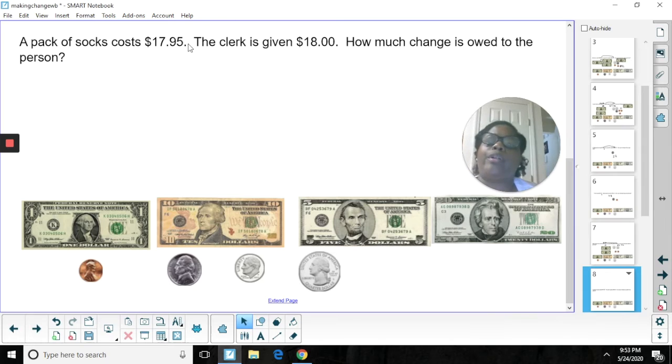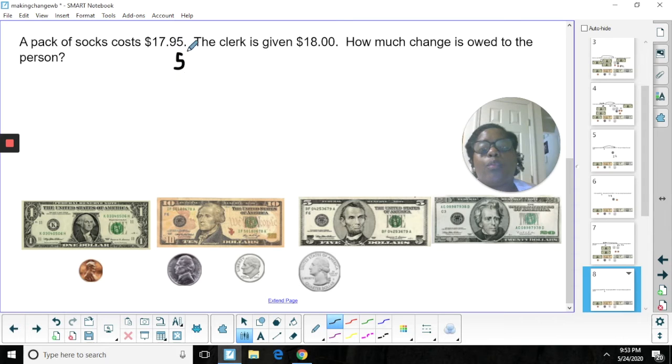All right, so what are we going to do? We're going to start with our coins first. We're going to start in the ones place, and we have to determine what number I can put right here that's going to equal 10. So what number am I going to put here? Did you say 5? And we go over here, we have to determine what number is going to equal 9, but our 9 is already there, right?